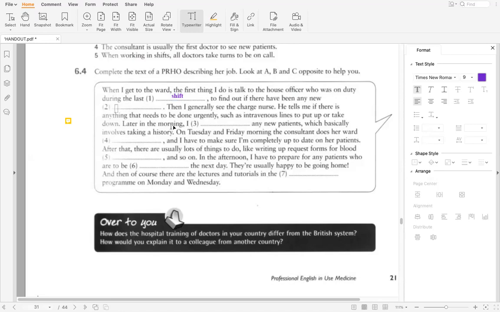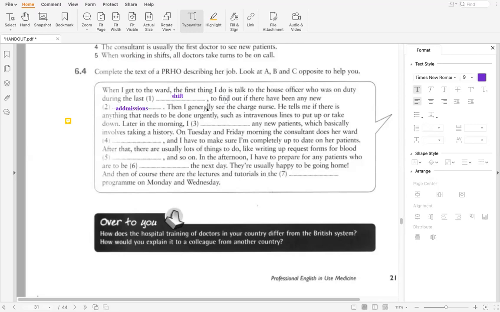Any new patients who are admitted to the hospital. So the equivalent of this sentence is new admissions, and find out if there have been any new admissions, patients.